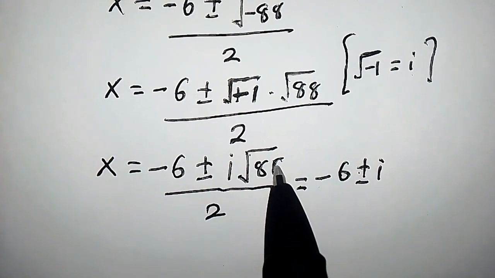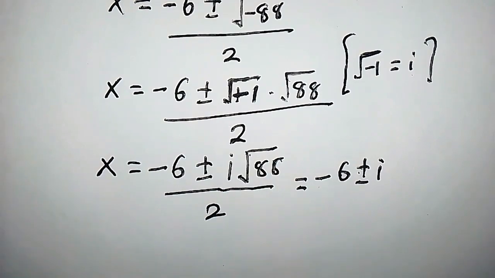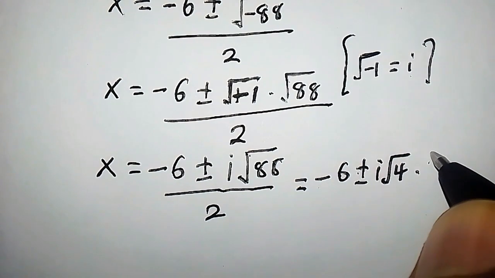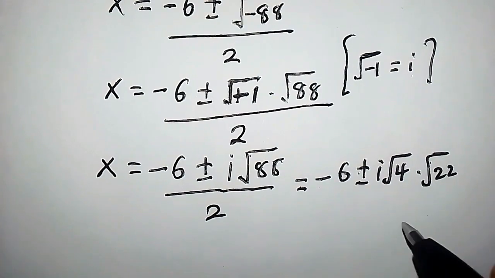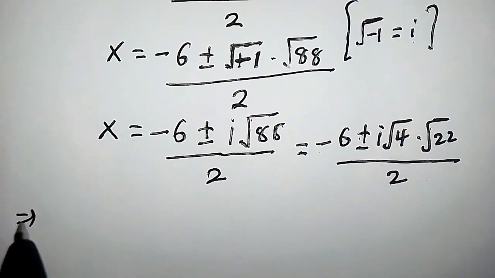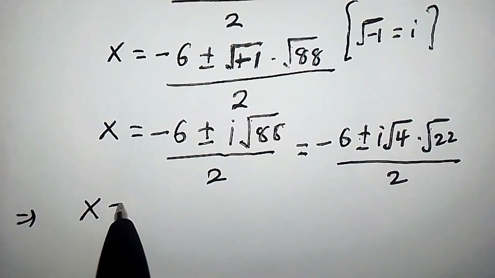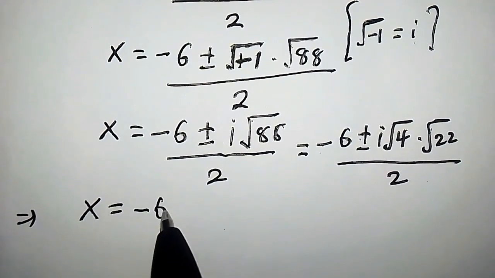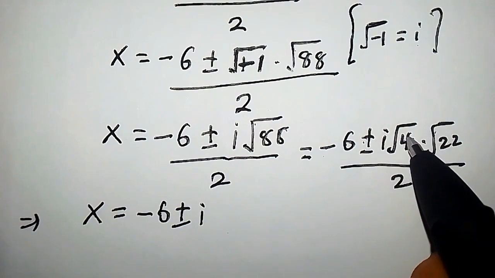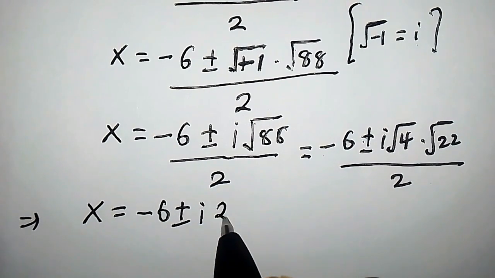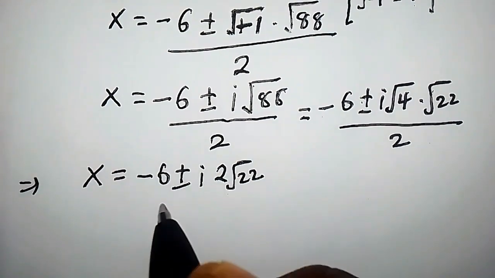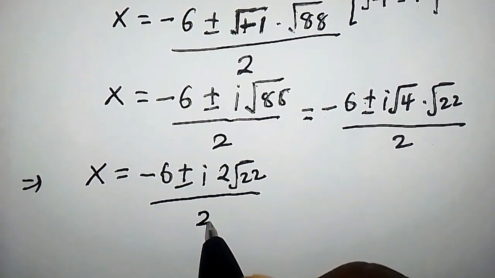I can also rewrite square root of 88 as square root of 4 times square root of 22 divided by 2. This implies that x equal to minus 6 plus or minus i, what is square root of 4? That is 2 times square root of 22, all divided by 2.